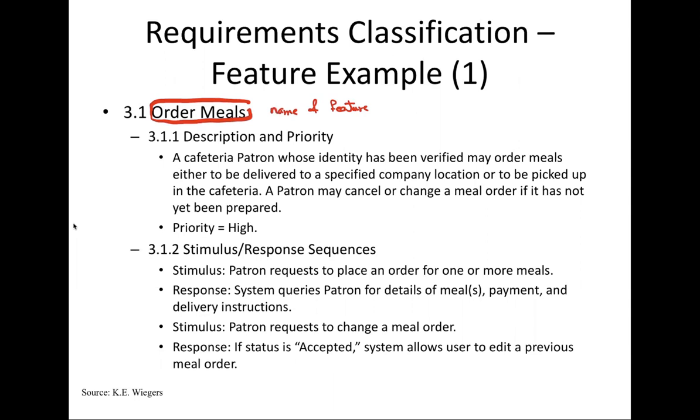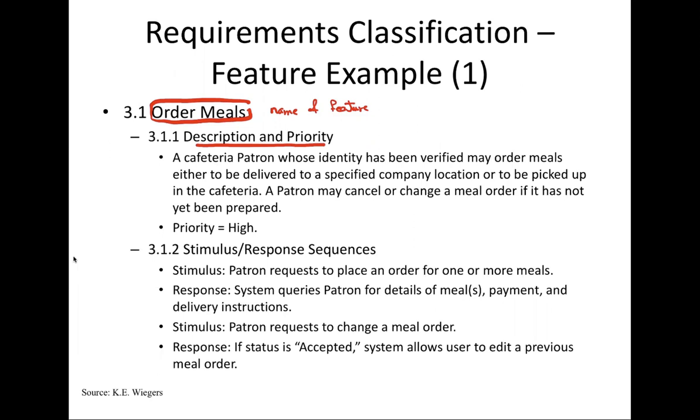The second entity in the feature, under which all the requirements will be grouped, is the description and the priority. As you can see here, we have a description of this feature. Let's read it. A cafeteria patron whose identity has been verified may order meals either to be delivered to a specified company location or to be picked up in the cafeteria.